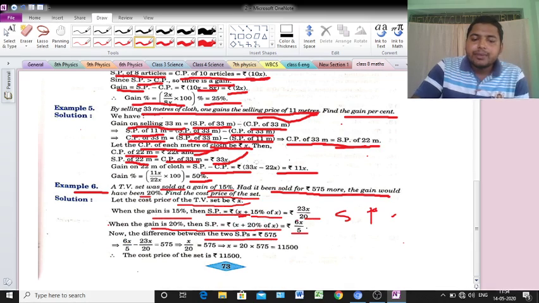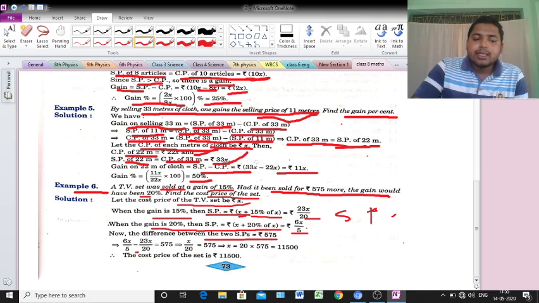Which one is greater? 6x by 5. Multiply numerator and denominator by 4: the denominator becomes 20 and the numerator 6 into 4 is 24, but the other is 23. So 6x by 5 is greater.